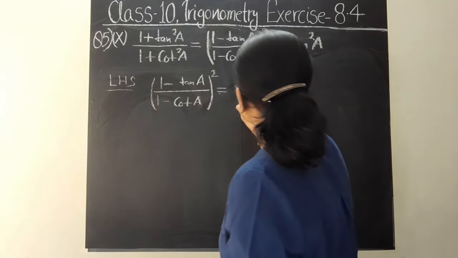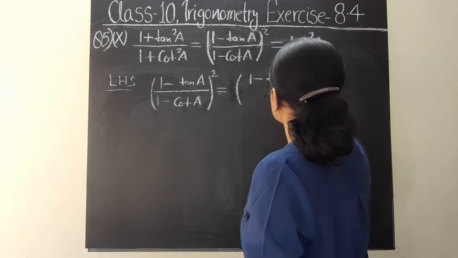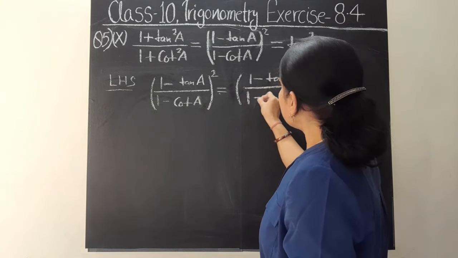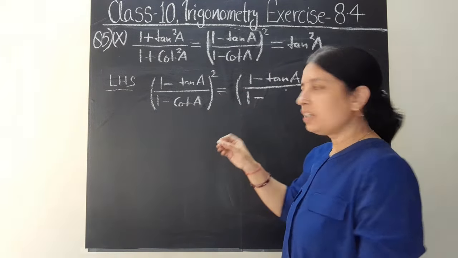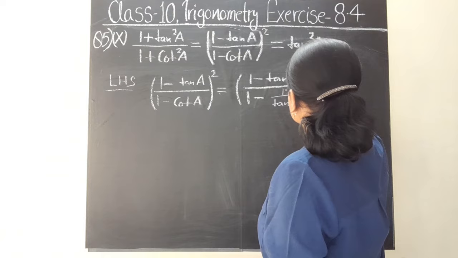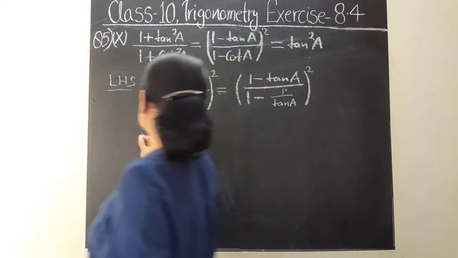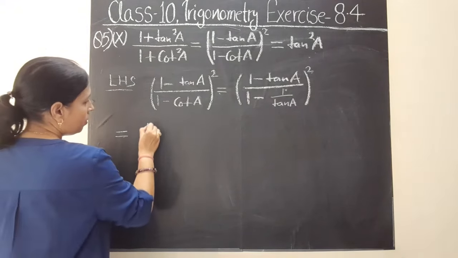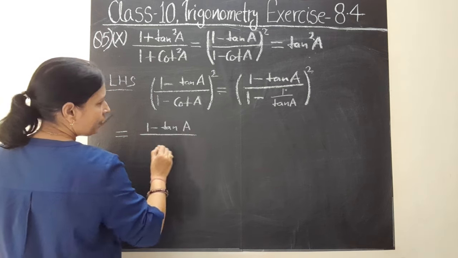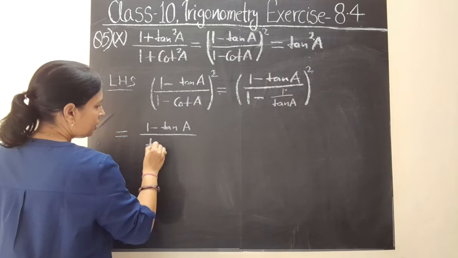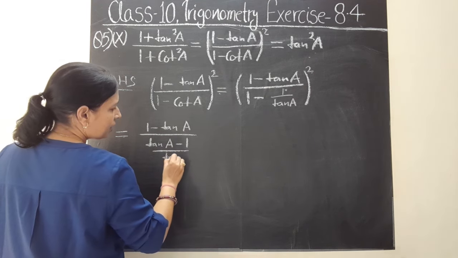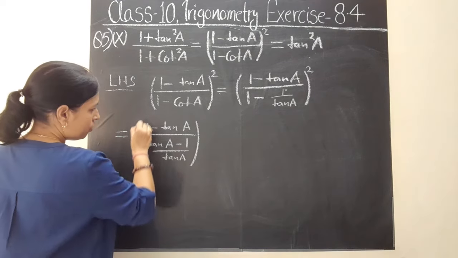So first we write 1 minus tan a as it is, and here it is 1 minus, in place of cot a write 1 by tan a. So write here 1 by tan a, square it. Then write 1 minus tan a divided by, multiply here, it will be tan a minus 1 divided by tan a and whole square.